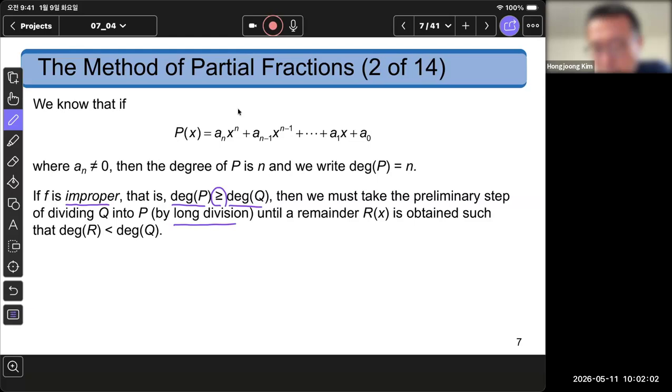I'm not sure when you learned this concept in your home country, but we can perform the long division, okay, so that you get some remainder from this long division.